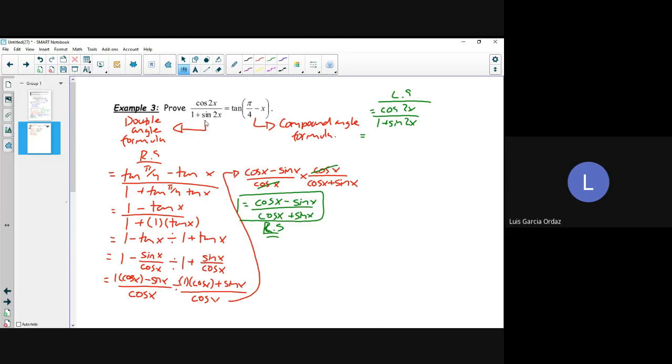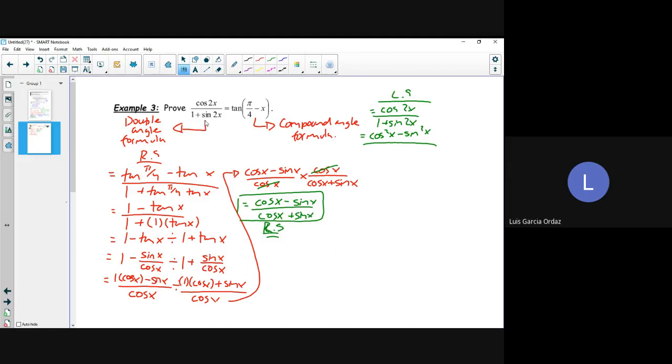Cos 2x is equal to cos squared x minus sine squared x, divided by 1 plus sine 2x.